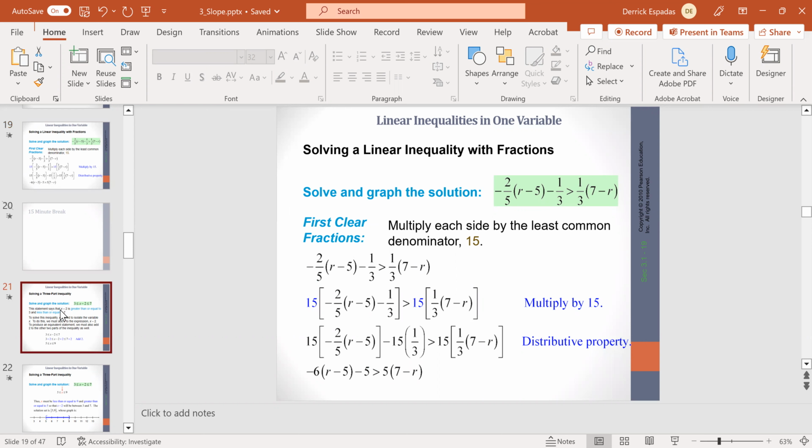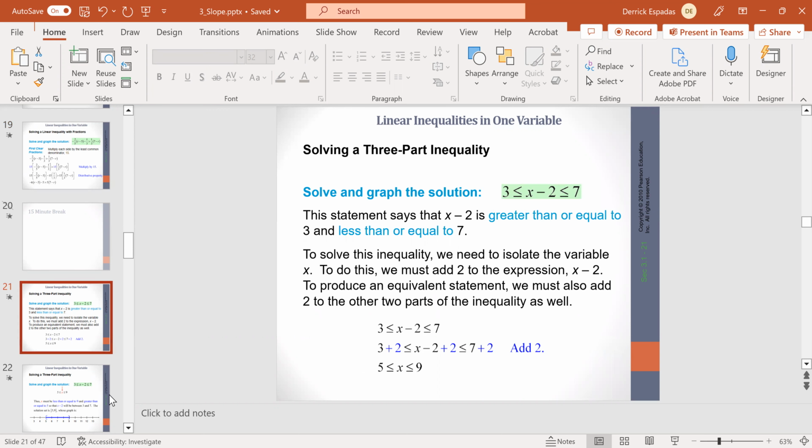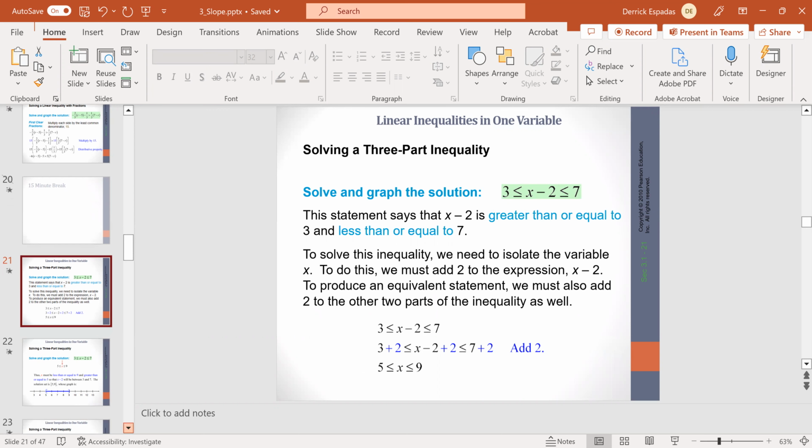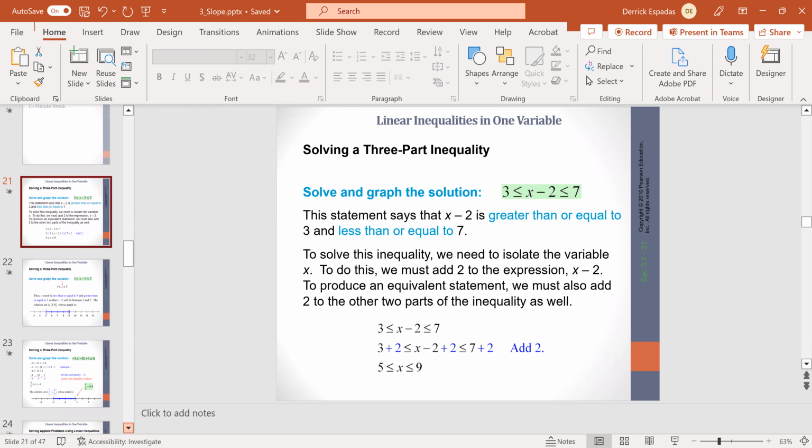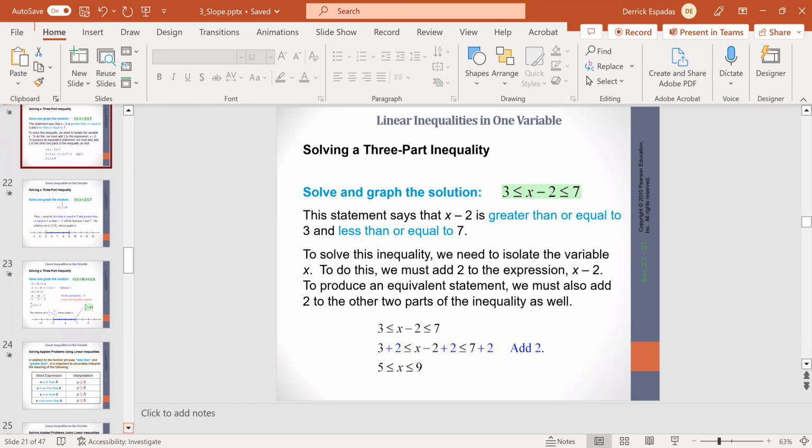But with that said, we are moving into our linear equations, and we did cover this briefly in another video. So kind of going over these three parts when we have that in a linear equation.